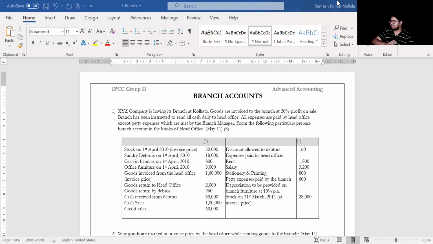However, he has not asked you to prepare a detailed analysis of the branch account. That means it's basically the debtors method. So we will adopt all items within the branch account only. We will consider the branch as a debtor. Considering this, let us start the solution.